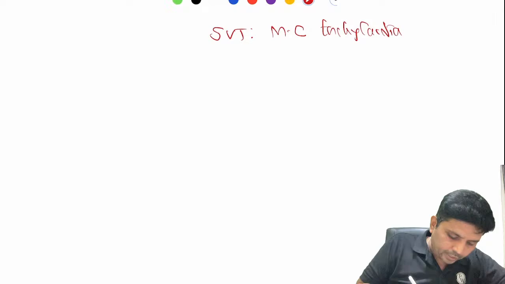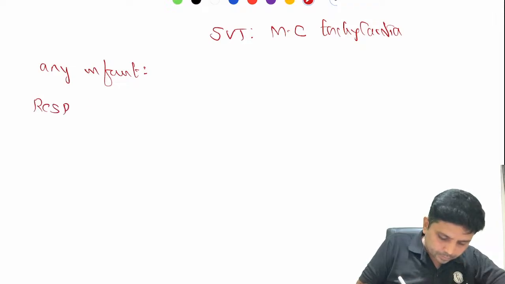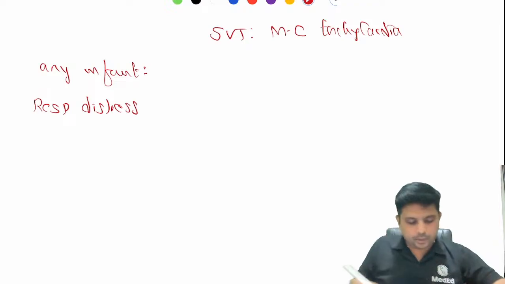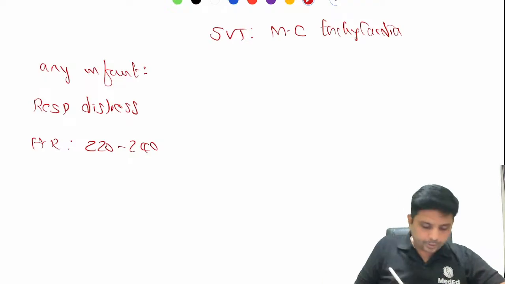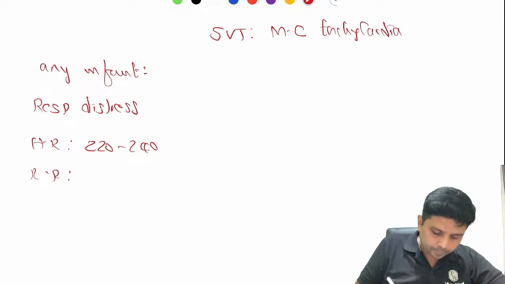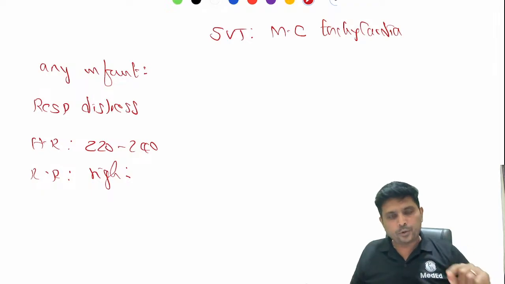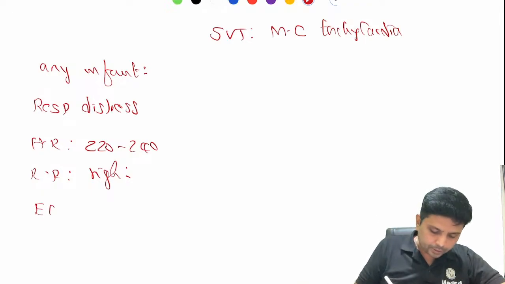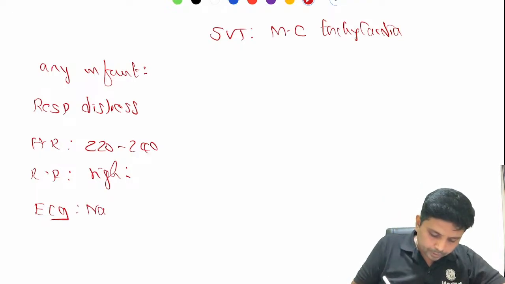Any infant suddenly brought with respiratory distress, and on examining the heart rate is usually between 220 to 240, and the respiratory rate will be high. Now you need to take an ECG. You will see narrow complex tachycardia.